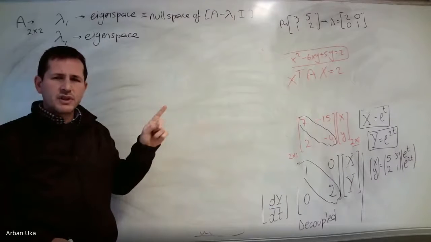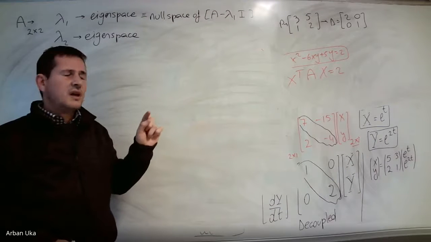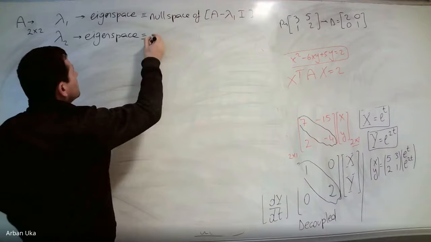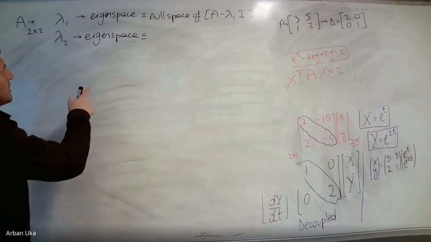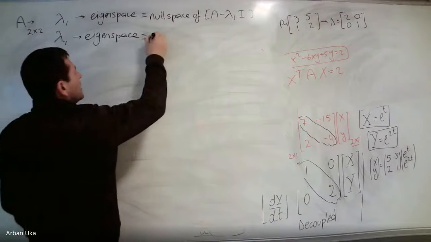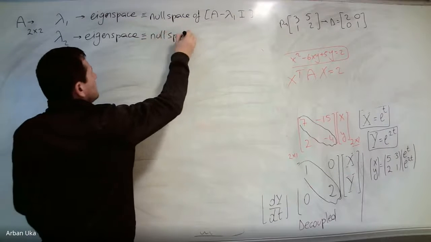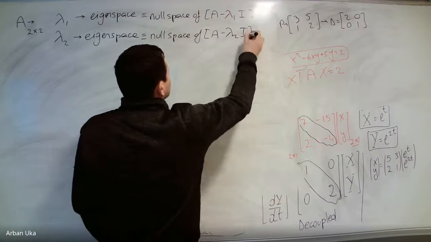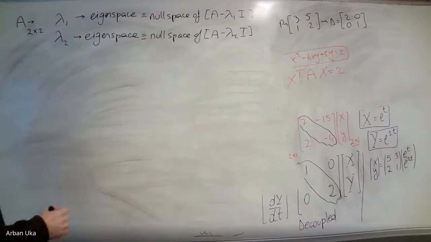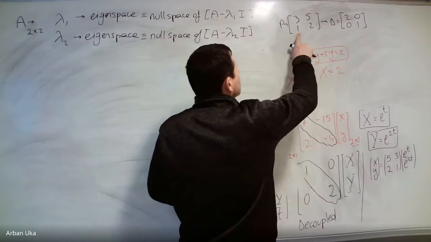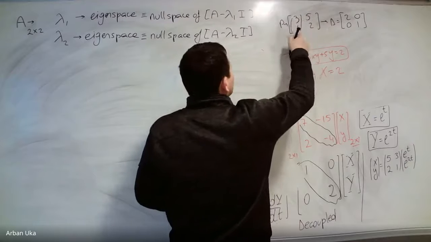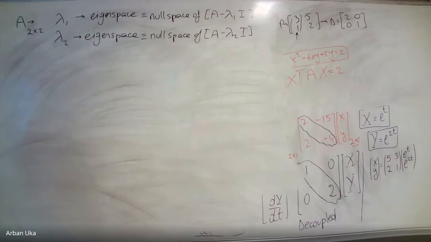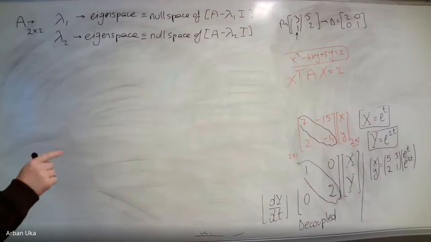So go back to the previous session's lecture notes, and this is what you are going to observe. Again, we have lambda 2, which has a corresponding eigenspace, and this eigenspace is again the null space of the matrix A minus lambda 2 I. In the previous example, this was one of the vectors which defines the one-dimensional eigenspace of an eigenvalue equal to 2.